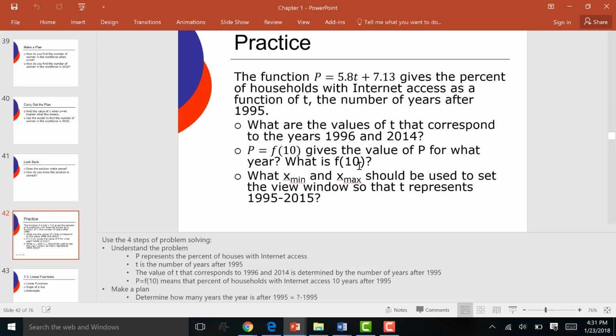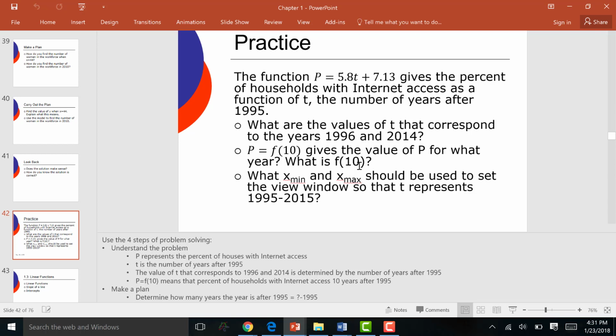If they were asking me for percentages, then I want to know what households in 1995 had internet access. What would I be plugging in for 1995? That's a very good question. If I want to know the percentage of households with internet access in 1995, what do I plug into that equation? 0, because 1995 is 0 years after 1990 so you got to plug in 0.